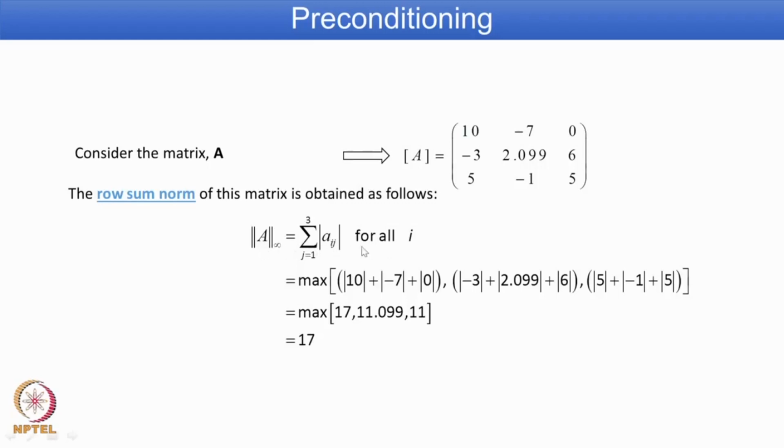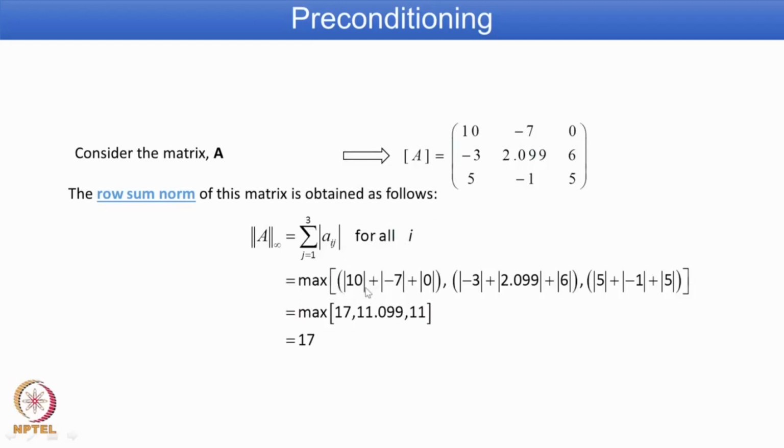Formula wise it is shown here, the infinity norm equal to summation sign, and in this case we have 3 rows. So, j is equal to 1 to 3, and we take the magnitude of each element for all i.